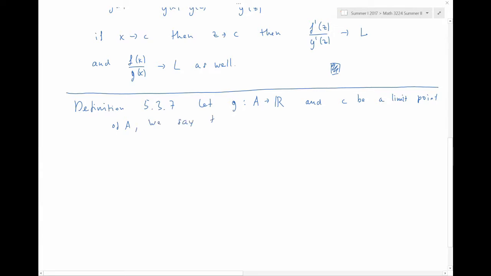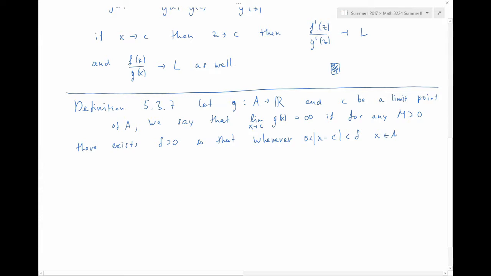We say that the limit of g of x as x converges to c equals infinity if for any capital M larger than 0, there exists delta greater than 0, which means the range of values very close to c, so that when x is closer to c than delta, this implies that g of x is larger than M, which means that if you get very, very close to c, your g of x will be very, very large.